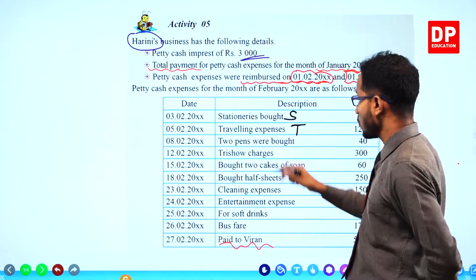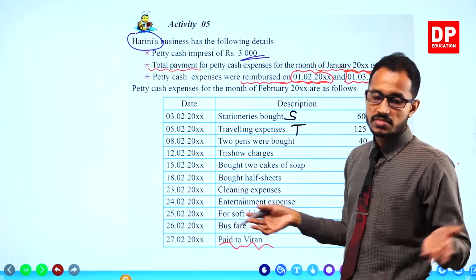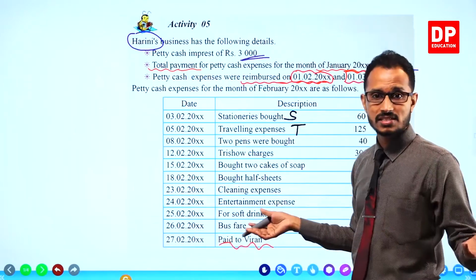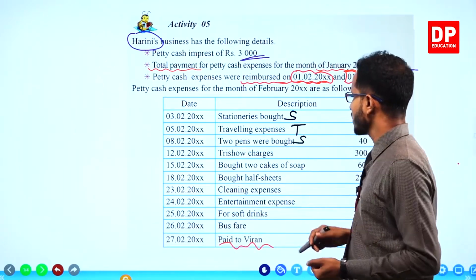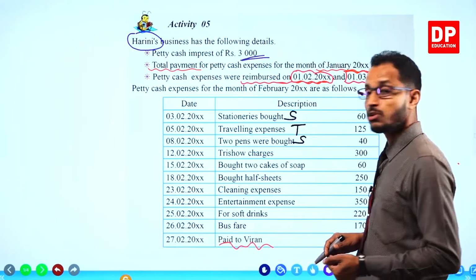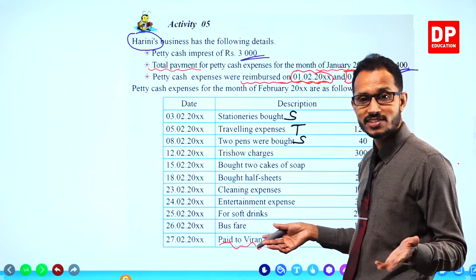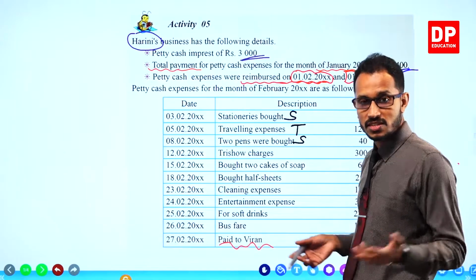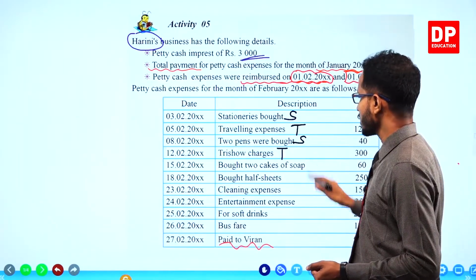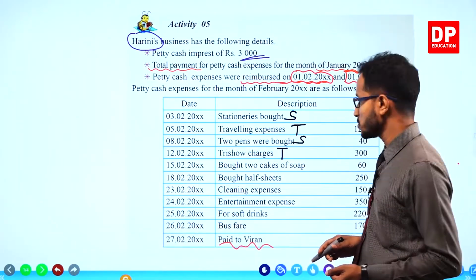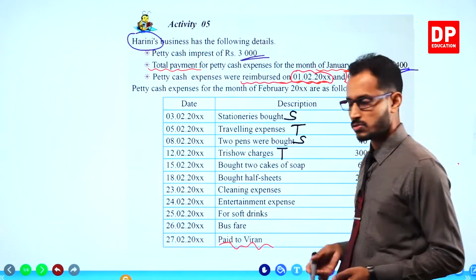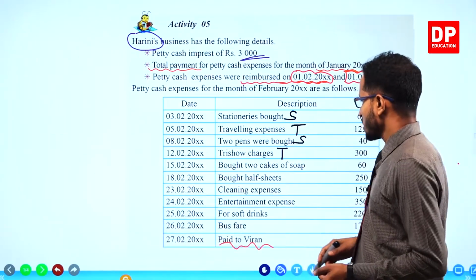2 pens were bought. Pens is a stationery expense. Pens and pencils, it's a stationery expense. So again, S. Rickshaw charges, for 3-wheelers to go here and there, it's a traveling expense.